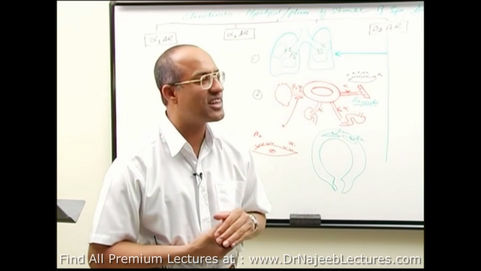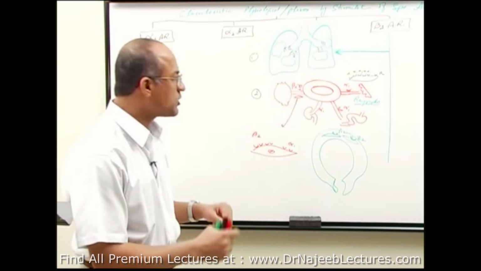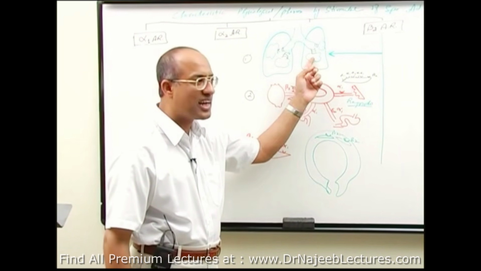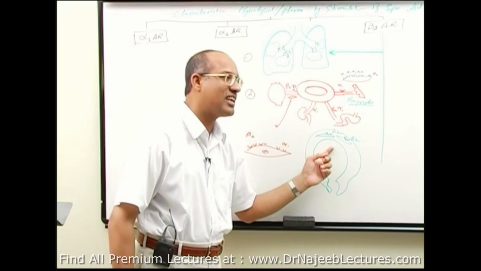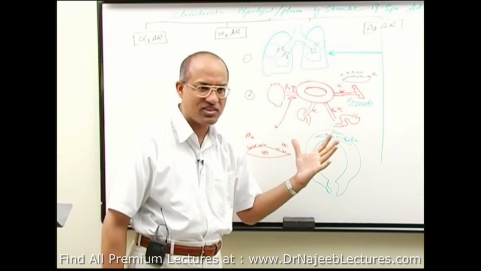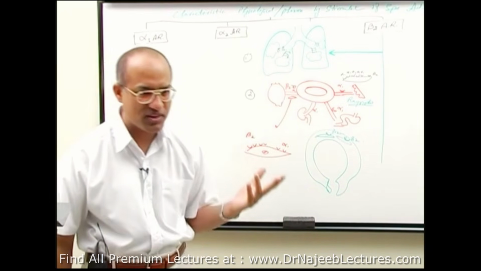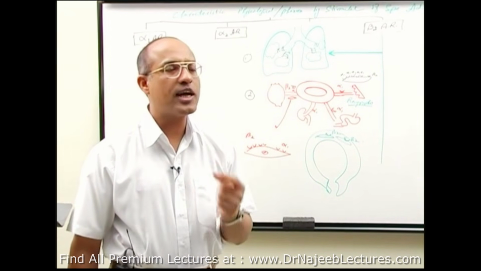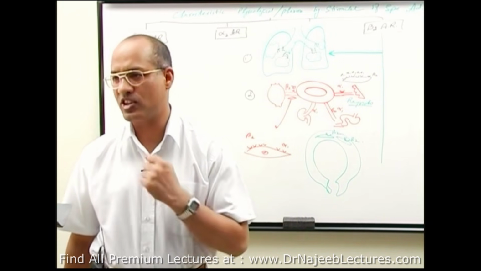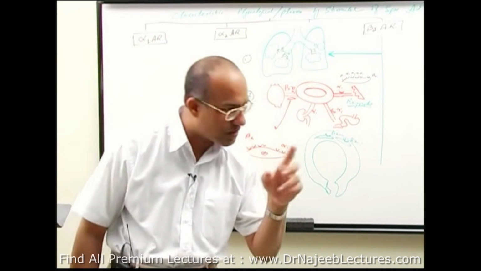Even theoretically or practically, you are right that when you give a beta-2 stimulant, as bronchioles will dilate, the uterus will also relax is a better term. We don't say the uterus is constricting or the uterus is dilating. I don't know why, but this is what they say. So, beta-2 mediated myometrial relaxation is achieved when you give a beta-2 stimulant.